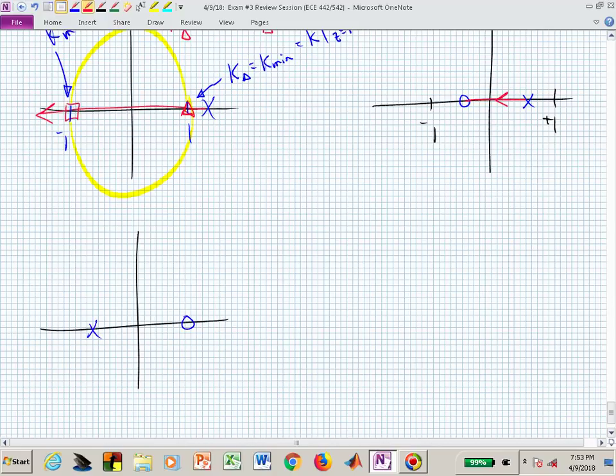How many real line segments do I have? 3. If I'm standing here, I look to my right, I see 1, 0, so I know that this segment belongs to the root locus, and in fact, I'm going this direction as I increase K. What's the range of K for stability?